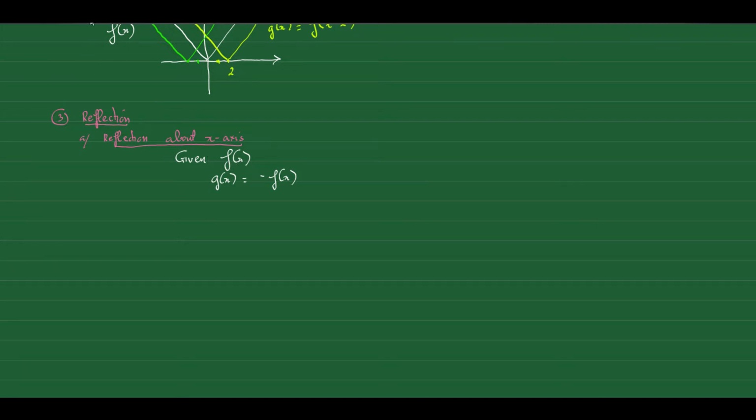Now let me give you an example of something like this. If I have a function like this, I'm gonna give you the sketch like this. Anyone who can recognize this function? This is a square root function, huh?